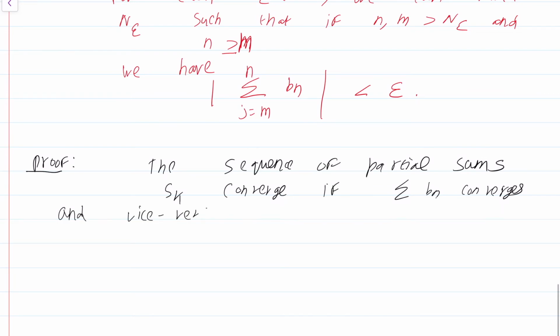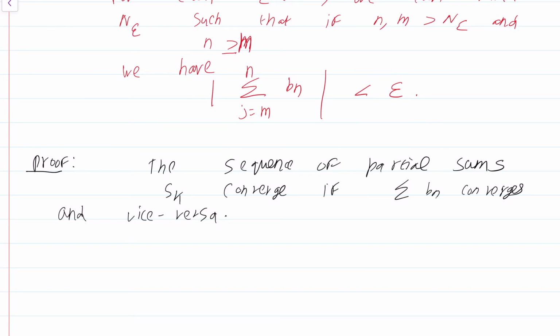So the sequence of partial sums converge if summation Bn converges and vice versa. That's just the usual Cauchy criterion for convergence of sequences. Okay, sorry, that's just the definition. Sorry about that.